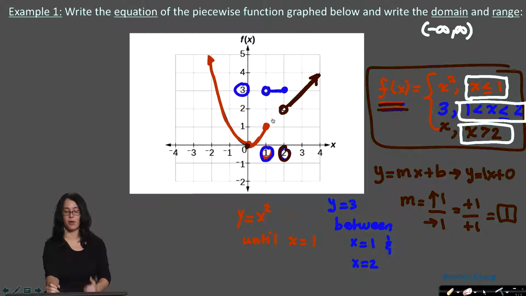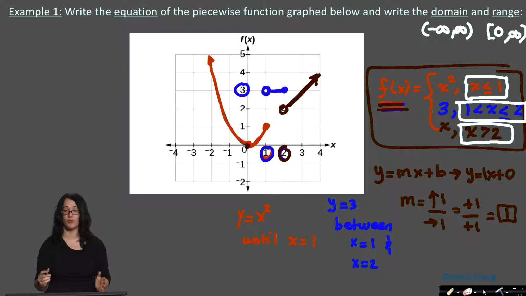There would be a part of the graph where the range has no values. However, notice that on the left side of this graph, we do have y outputs between 1 and 2. So we do actually reach those y values somewhere on the graph. And similarly, on the left, we're allowed to go up forever. So we can go toward positive infinity for our y values. So we would say for our range, any y value starting at 0 going toward infinity. So anything above 0 and including 0 will eventually get reached as an output.